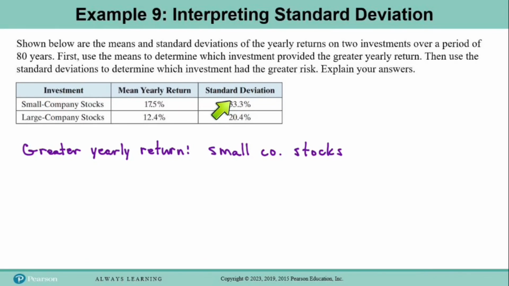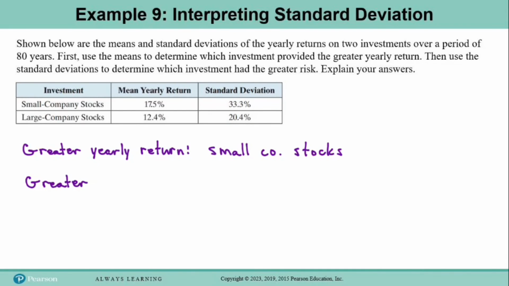So look at the standard deviations. The small company stocks have a standard deviation of 33.3%, while the large company stocks are much more closely grouped around the mean with a standard deviation of 20.4%. So what that tells us is the small company stocks have a larger probability of falling far away from the mean. Now they could fall far above the mean, but they also have a larger chance of falling far below the mean.